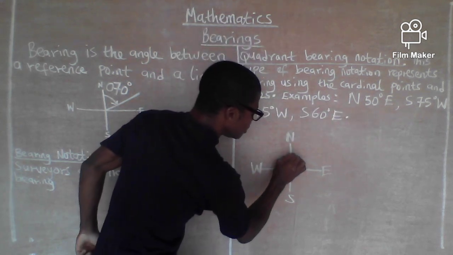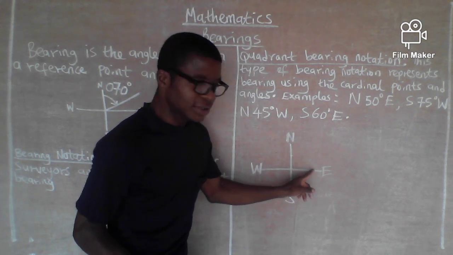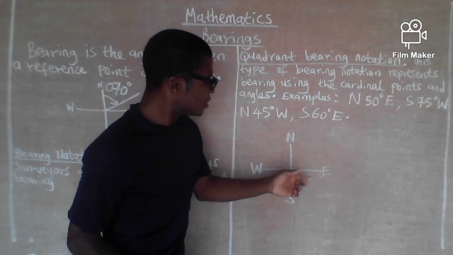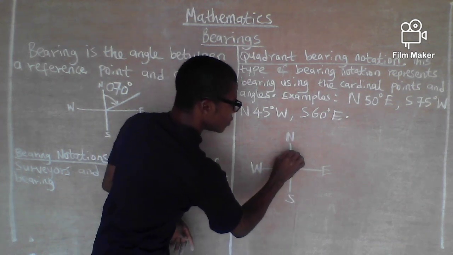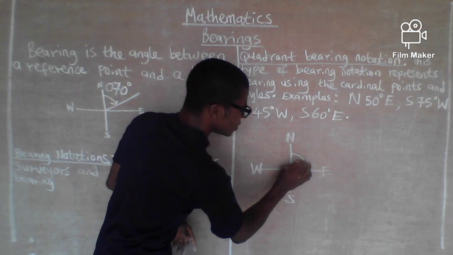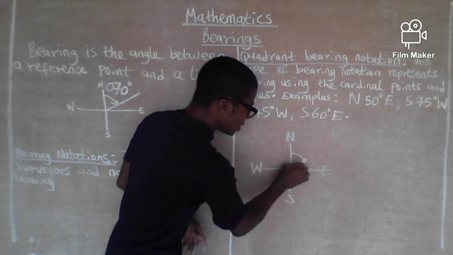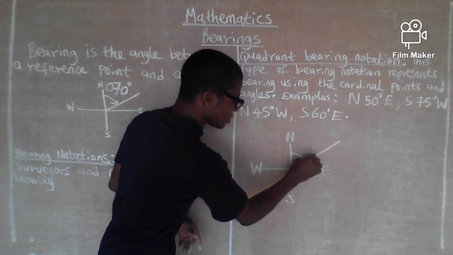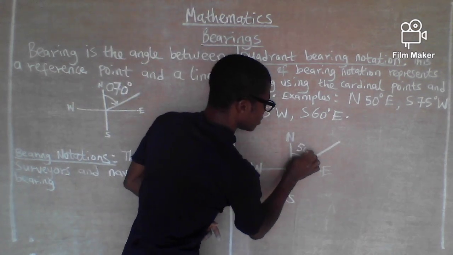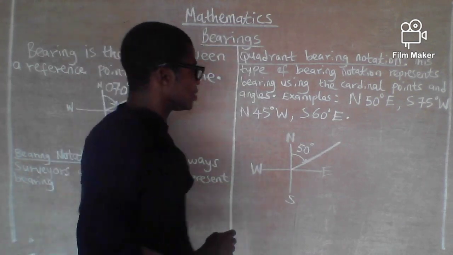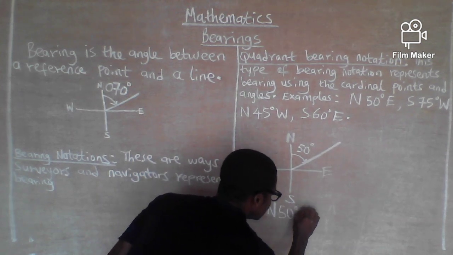The angle between the cardinal point north and east is 90 degrees, so 50 degrees lies between them. Where the 50 degrees stops, draw a line that represents the distance traveled or distance to be traveled. So this is the representation of the bearing north 50 degrees east.